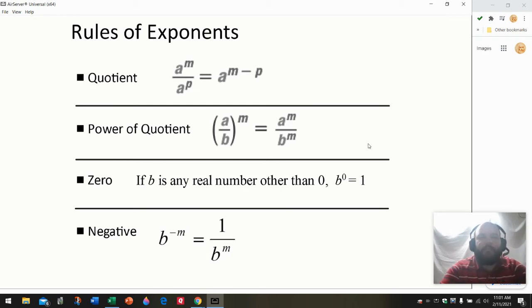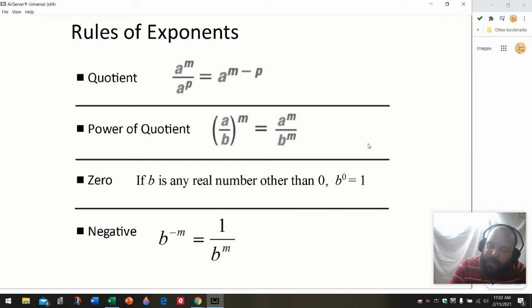So the first one is, when you have a quotient, which means you have an expression that is being divided, and that expression has the same base. The base could be a number or it could be a letter or variable. What you are allowed to do to the powers is simply write one of the bases and then subtract the two powers, m minus p.